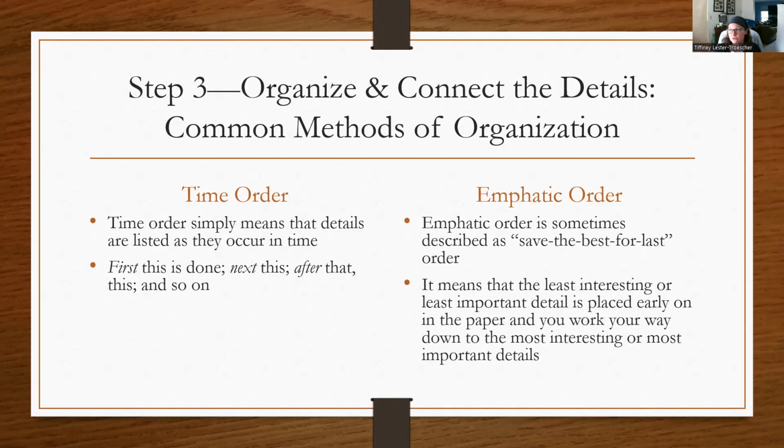So that would mean sort of, I think I used the Chick-fil-A example in one of the previous lessons this week. And I had said that maybe I would write a paragraph that says Chick-fil-A is a great place to eat because of their cleanliness, service, and food. I'm talking about the cleanliness first, because even though that is important to me, it is not the most important thing to me.